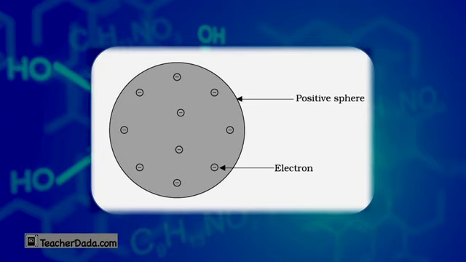So, he told that this red part is the positively charged part of an atom, and the black seeds are the negatively charged part of an atom. So that means in an atom we have positive and negative charges also.